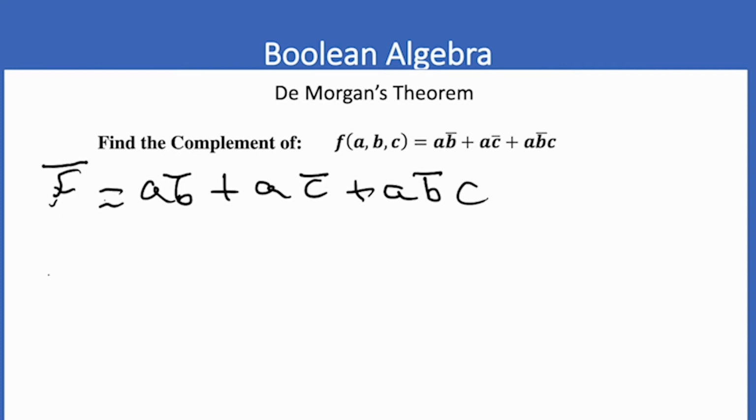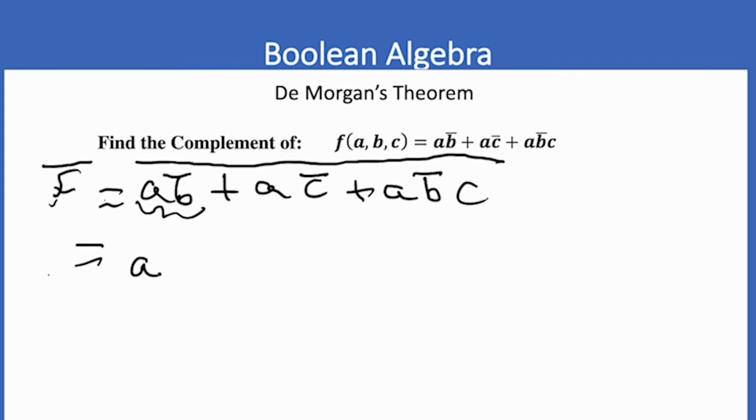So we'll complement the function, and we have to complement the total function right here. We want to reduce this down using De Morgan's law to get down to single variables, either true or complemented. So let's do each individual term.